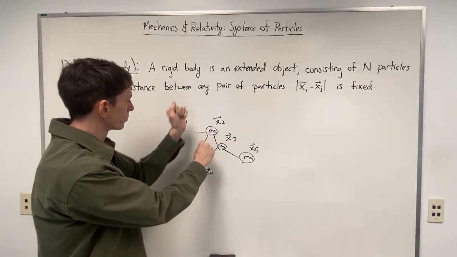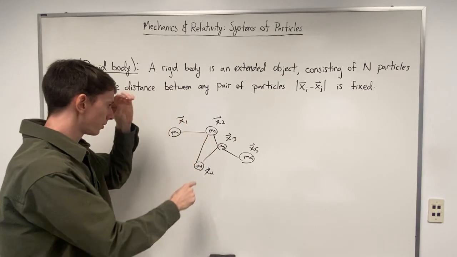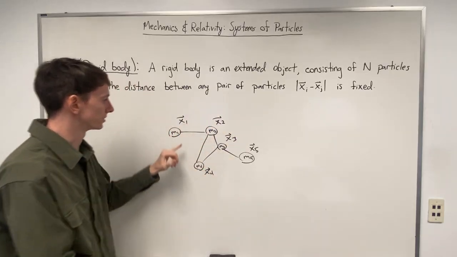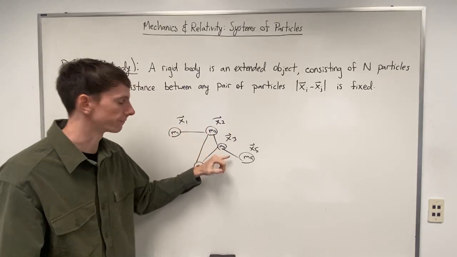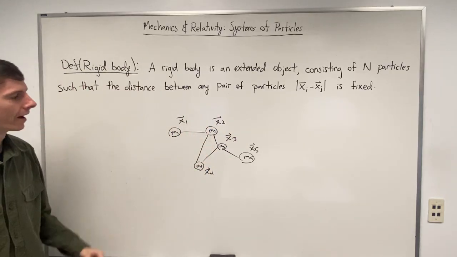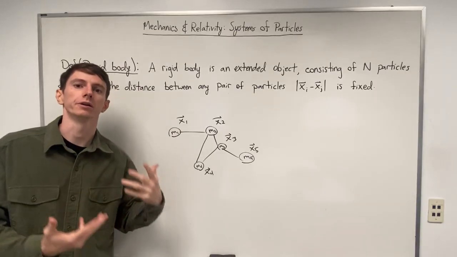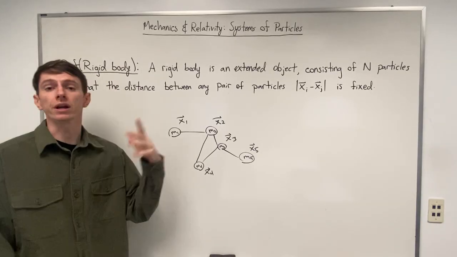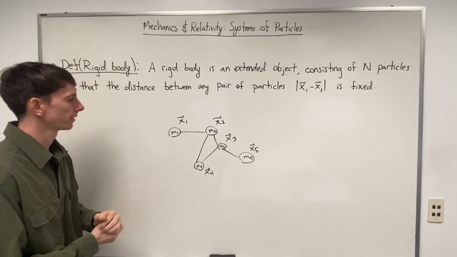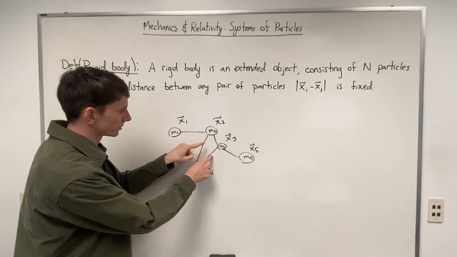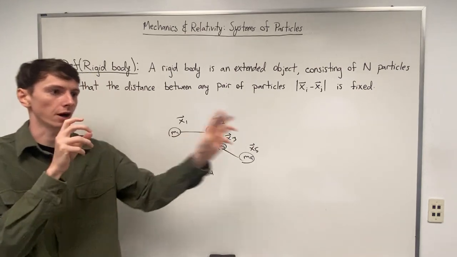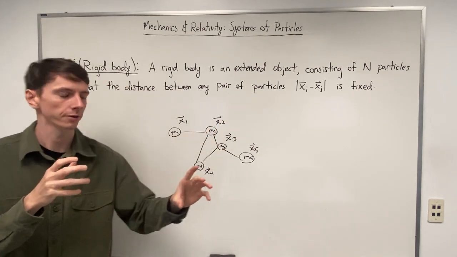So you can't rotate any of these at all. You can't rotate an individual one without rotating the entire system. These lines are going to remain fixed in place. And that's where the term rigid body comes into play. An example of something that would not be a rigid body is if, let's say that all of these lines have to remain fixed, but maybe this line right here is a spring, and you could oscillate the spring back and forth.